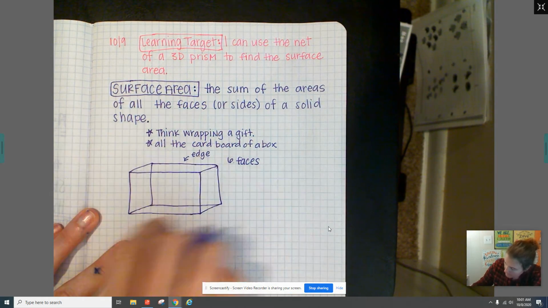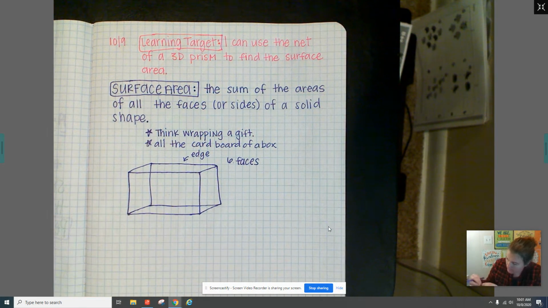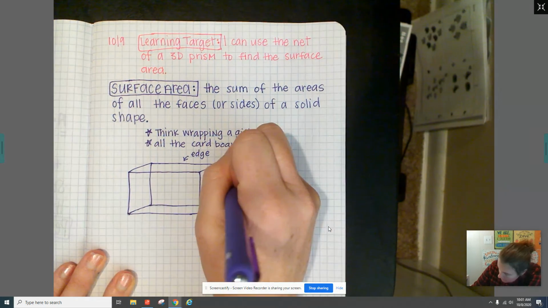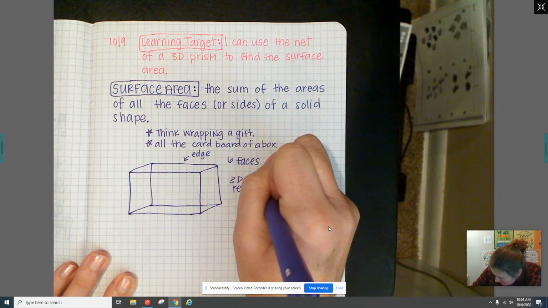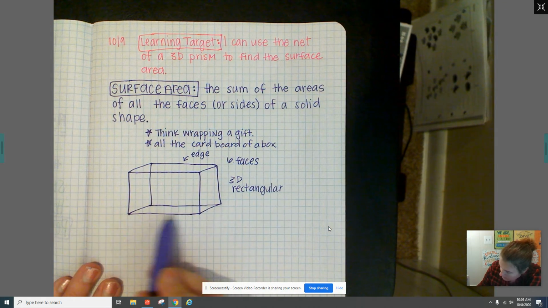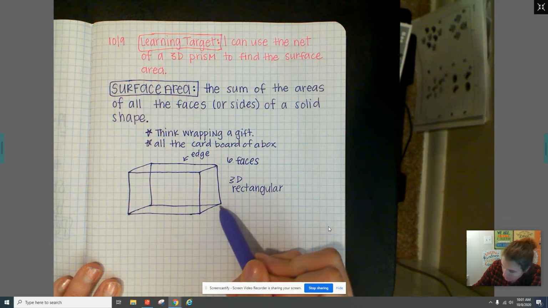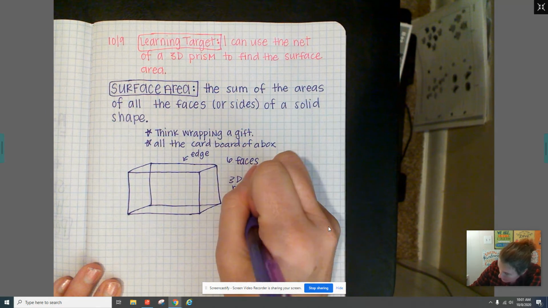And then these would be the faces, all right? The vertices or the corners are where the faces come together, okay, and meet. Now, this is the 3D version, the 3D rectangular prism. We call it 3D because there's 3 dimensions, okay? There's a length, a width right here, and a height, okay? That's why we call it 3D.